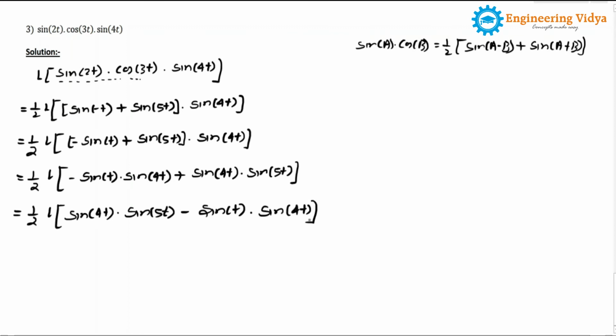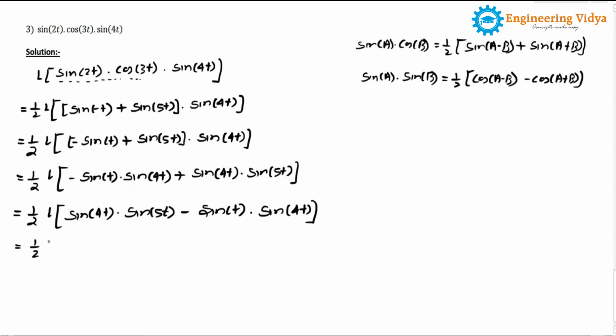I hope the things are very clear to you now. And after that, here we have 1 by 2 and the Laplace transform of, again here we can apply the defactorization formula. Since already you know the formula of sin a into sin b also, the formula for sin a into sin b is nothing but equal to 1 by 2 of cos(a minus b) minus cos(a plus b), right?